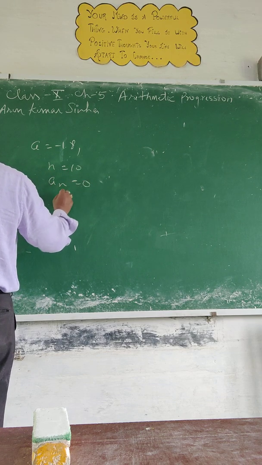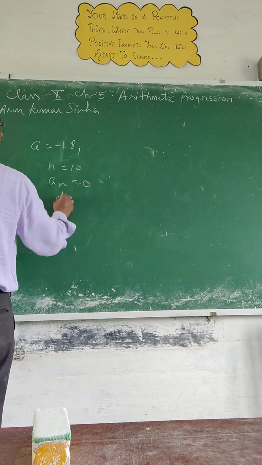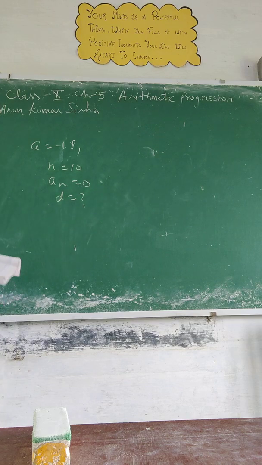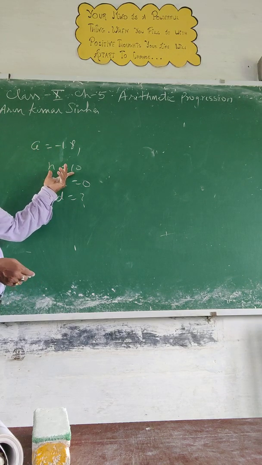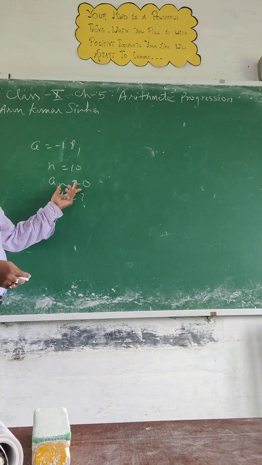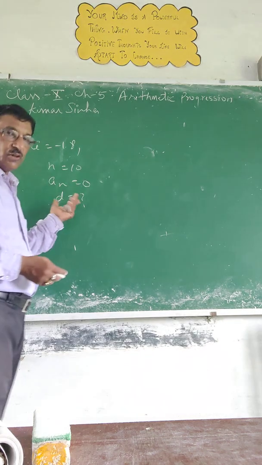Now I want you to find the value of D. Try to understand. I have given you what? I have given you the first term, the number of terms, the nth term value, and I am just asking you find the value of D.